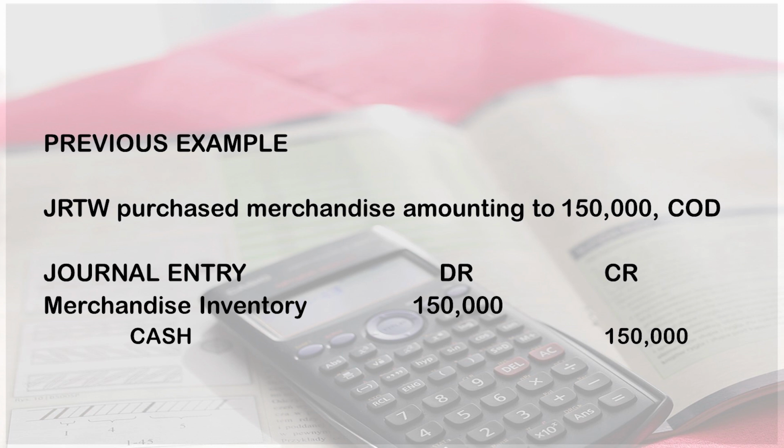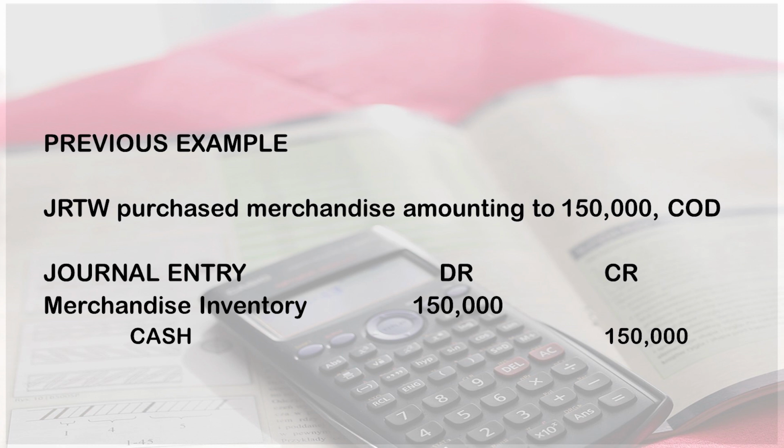This journal entry represents application of rule number 3 under the general rule as well as the exception. Under the general rule, assets are generally debited. In this transaction, merchandise inventory is debited, and merchandise inventory is an asset because that is the amount received. It purchased merchandise, therefore the business received merchandise inventory, therefore it is debited.